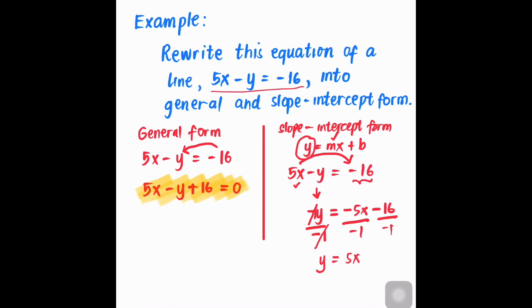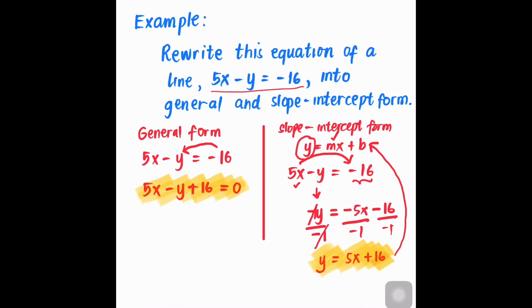Negative 16 divided by negative 1 is positive 16. So is it already the same as the format for slope-intercept form? The answer is yes. So that means the slope-intercept form of the original equation given in standard form is y equals 5x plus 16.